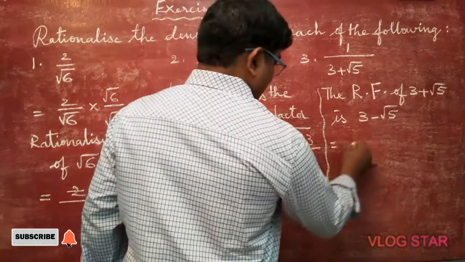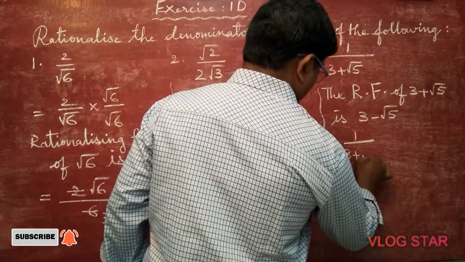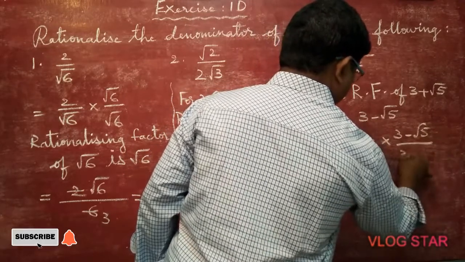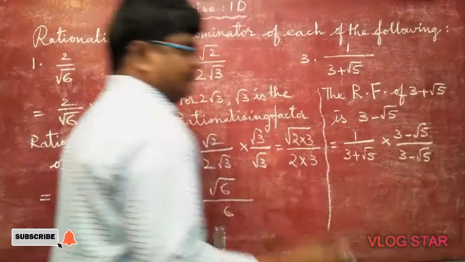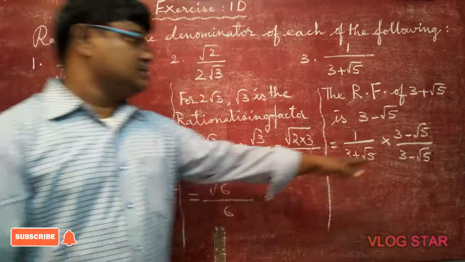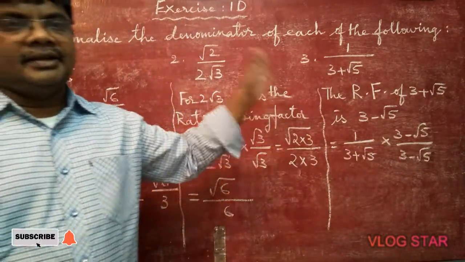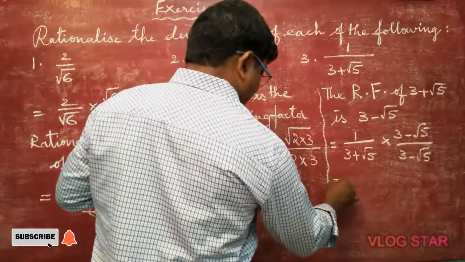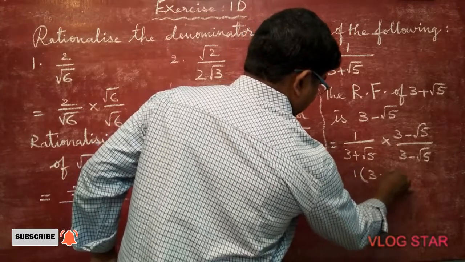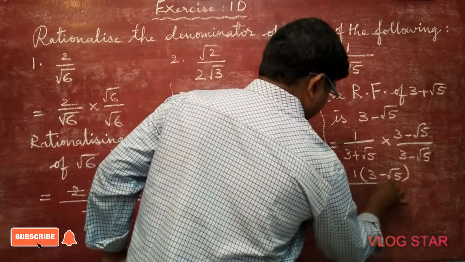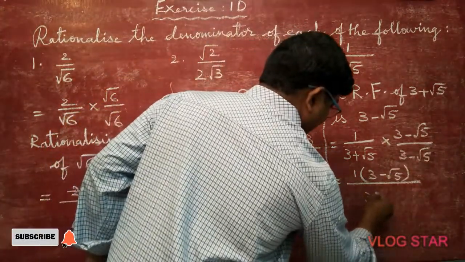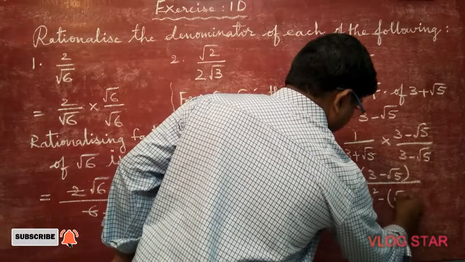So that is equal to 1 by 3 plus root 5 into 3 minus root 5 by 3 minus root 5. What we are multiplying with the numerator, the same we have to multiply with the denominator also. There should not be a change, because otherwise both get cancelled and again the same problem. There won't be any difference. So here everybody knows one table. 1 into any number is the same, so you write 1 into 3 minus root 5, divided by the denominator, which is in the form of a plus b into a minus b, a square minus b square.